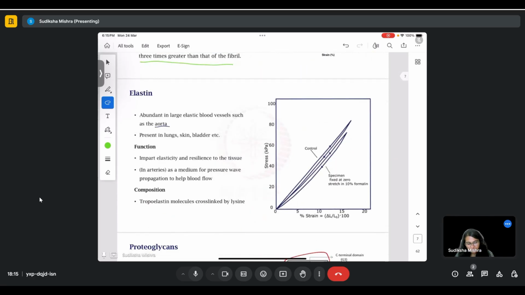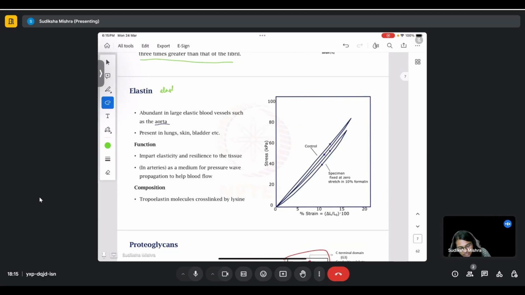Let's look at elastin. This is the protein that imparts elasticity to the tissues, and it's abundant in large elastic blood vessels such as the aorta. It's present in lungs, skin, bladder, etc. Essentially, compartments in the human body where there is a need for elasticity and also strength.